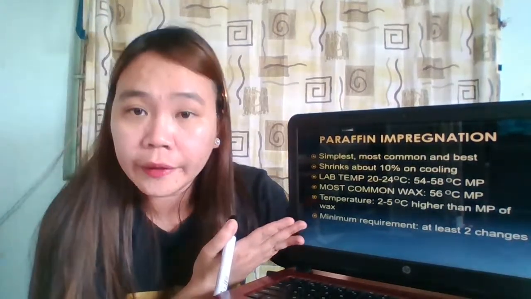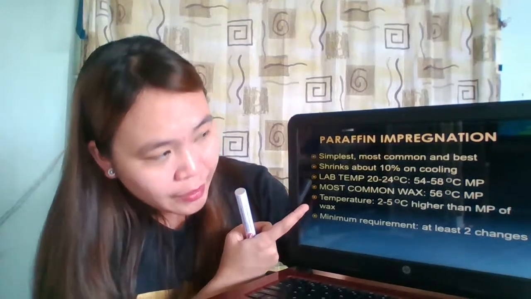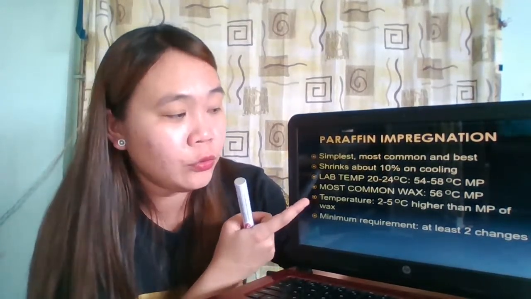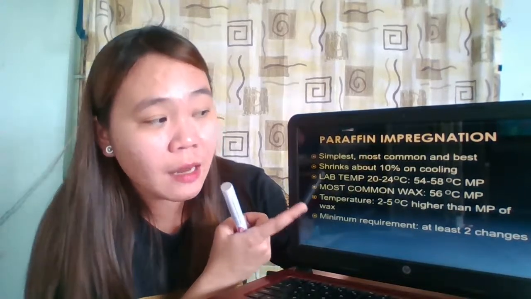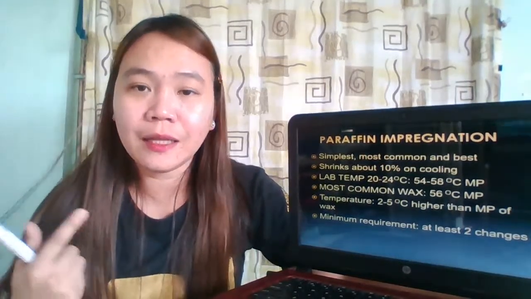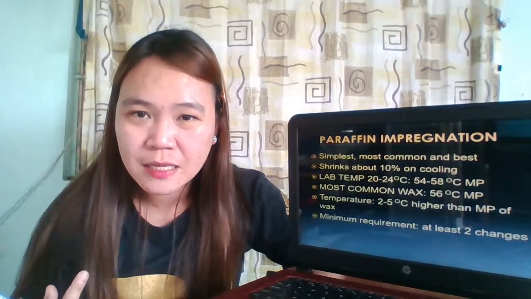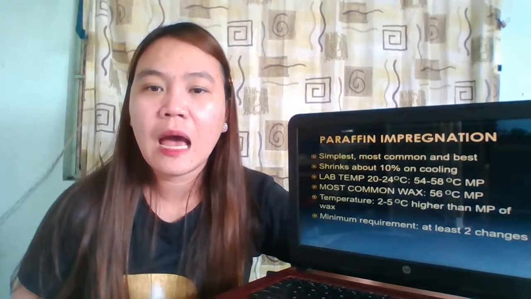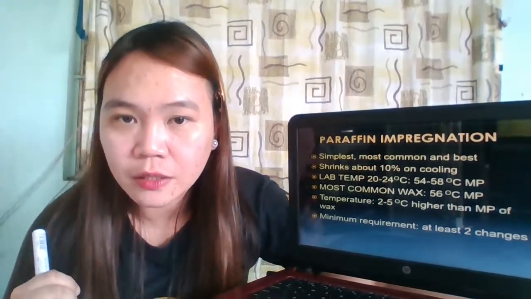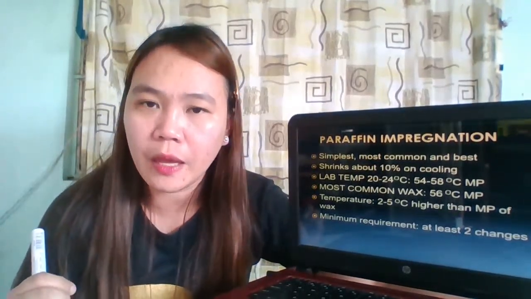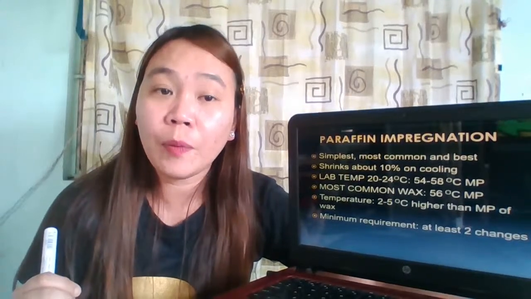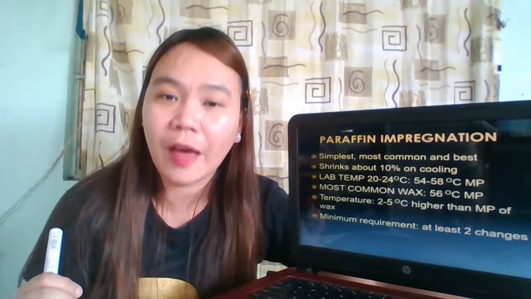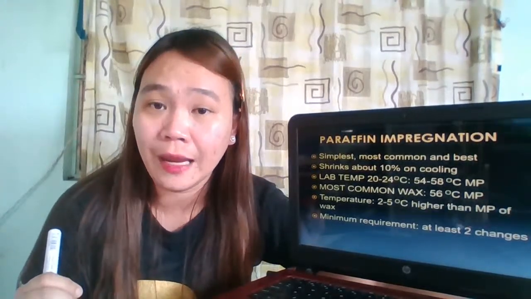The temperature that is required for paraffin impregnation is 2 to 5 degrees Celsius higher than the melting point of the wax. During quizzes and exams, I will not consider answers like this: what should be the temperature for paraffin impregnation, and your answer is 2 to 5 degrees Celsius only.